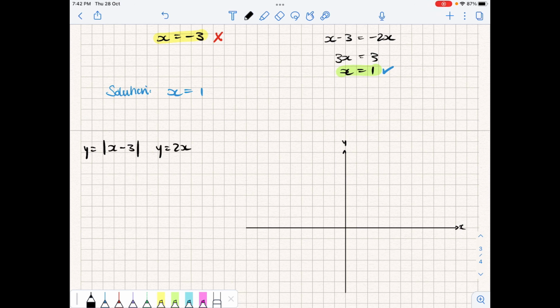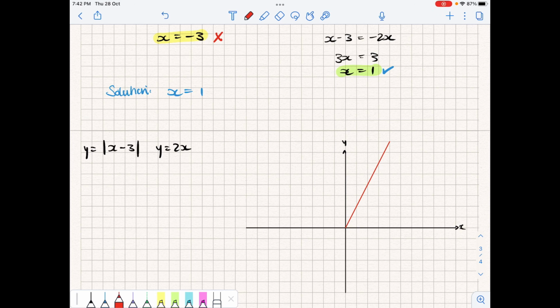Now y equal to 2x is quite simple. It's just a straight line with a gradient of 2. So up 2 across 1. So that would be something like this. And I'm not going to extend the line below the x-axis because since we are talking with a modulus function, we're not going to have any solutions below there anyways.